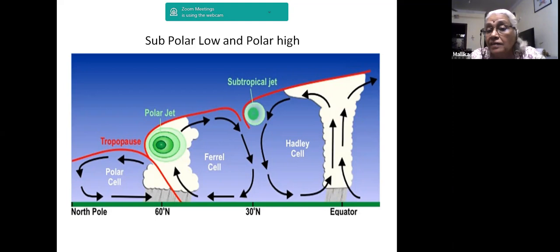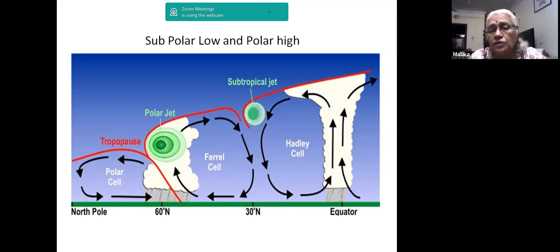The hotter air is climbing up, and the hotter the air is, the less cool it is going to be up there at around 8 to 10 kilometers. And when it is less cool and it is coming down, then the temperatures are going to be higher when it reaches the ground. That's your Hadley cell. Some of that air also reaches the polar region, because the Earth is a ball.